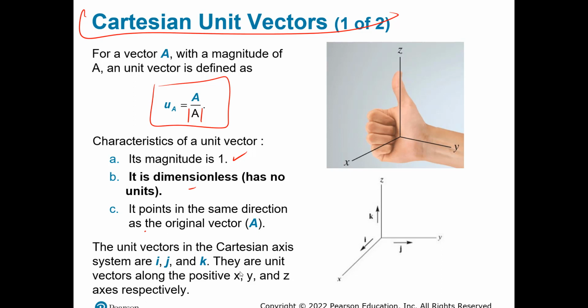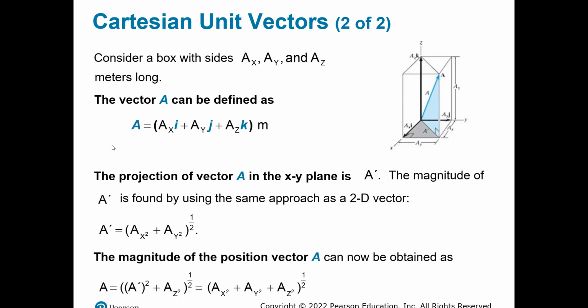The unit vectors in the Cartesian axis system are i, j, and k. They are unit vectors along the positive x, y, and z axes respectively. Okay, so i goes with x, j goes with y, and k goes with z. So consider a box with sides ax, ay, and az, as you can see, meters long.